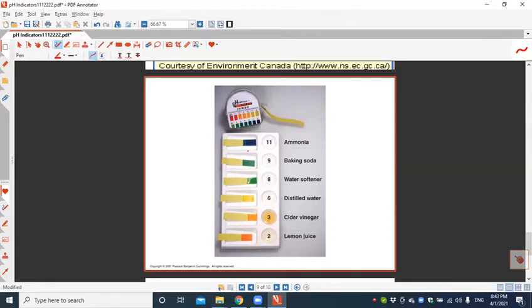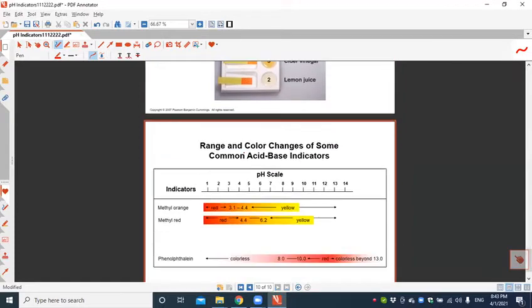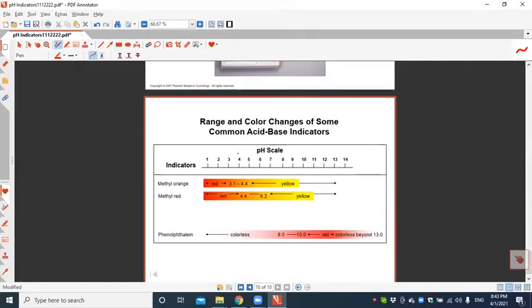So not only can we determine acid or base, we can determine the weakest or strongest acidity and basicity. Here we will choose 3 new indicators: methyl orange, phenolphthalein, and methyl red.